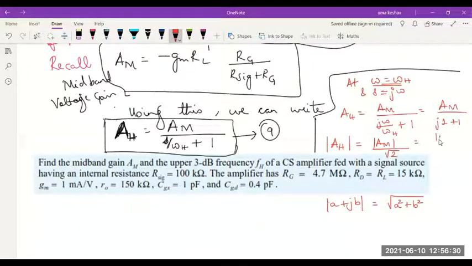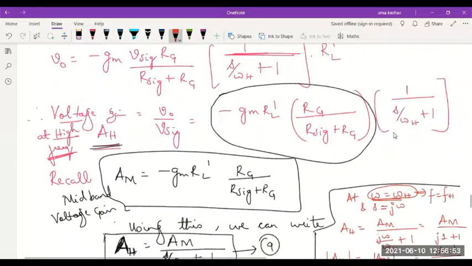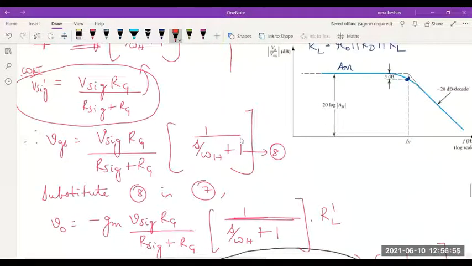So what am I going to get? I will get the gain at high frequencies, when omega is equal to omega H, as midband gain divided by root 2. Omega equal to omega H means when the frequency f is equal to fH. That's why we have shown this point.